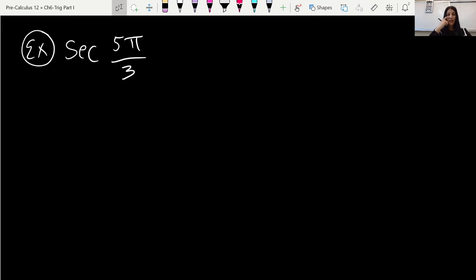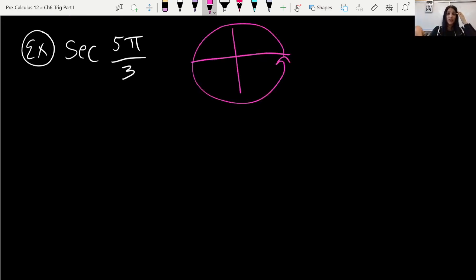Okay, so when working our way through this solution, we know that we're dealing with radians because of 5 pi over 3. So my first thing that I do is I need to get some clarity. One full rotation would be 2 pi, but when I look at this, this is a fraction over 3.